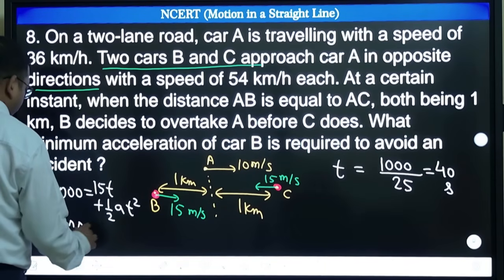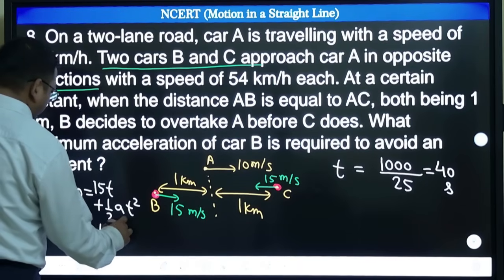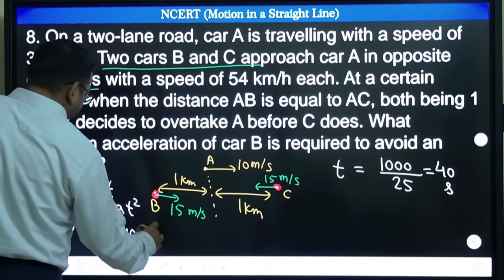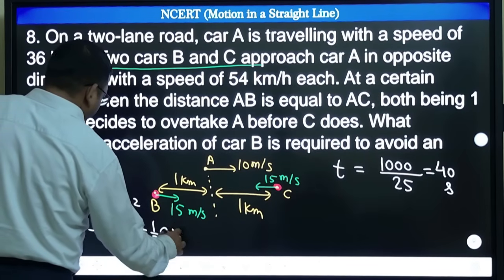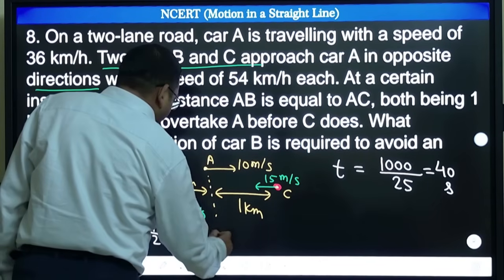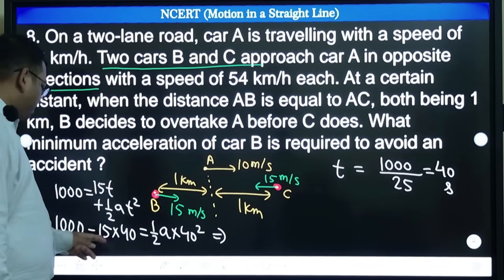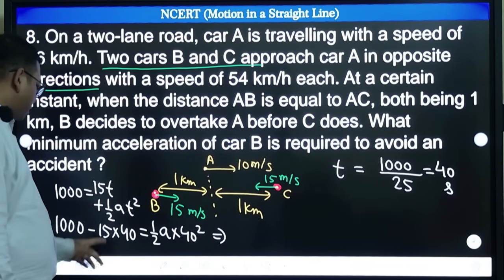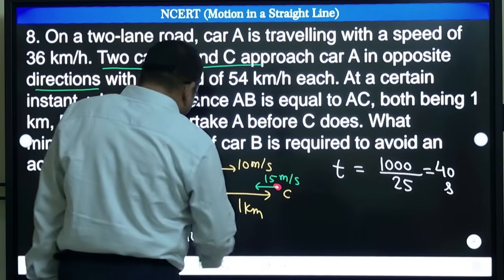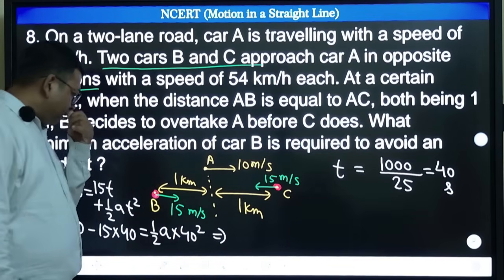So 1000 minus 15 into 40 is equal to half a into 40 square. How much do we get from here? 15 into 40, 600, so that becomes 400. That becomes 400 here, right? 40 into 40.